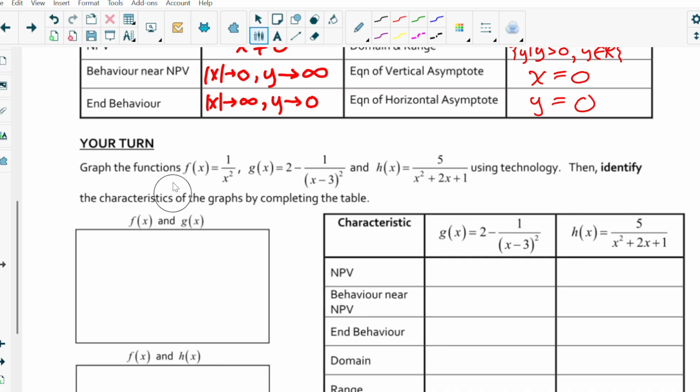Okay, so let's go ahead and do this. I'm going to color code this, folks.